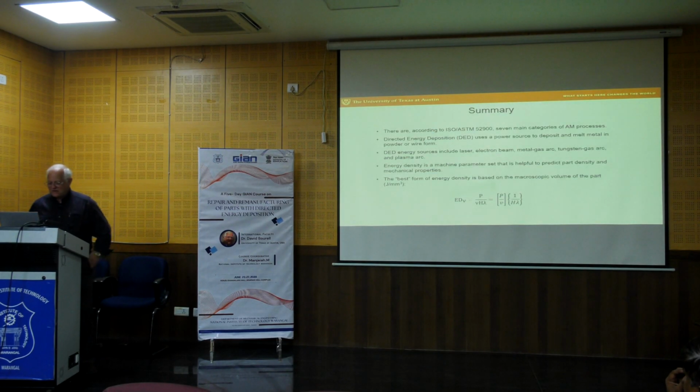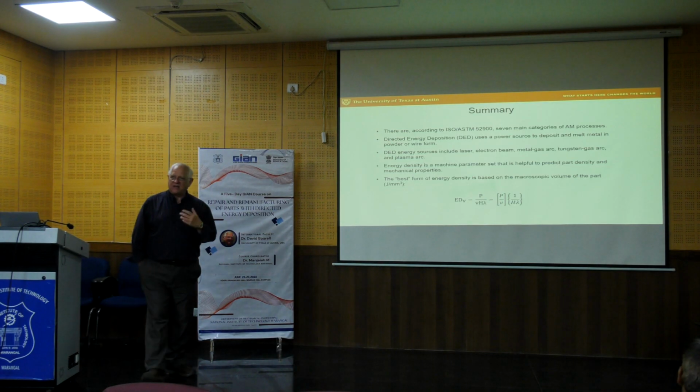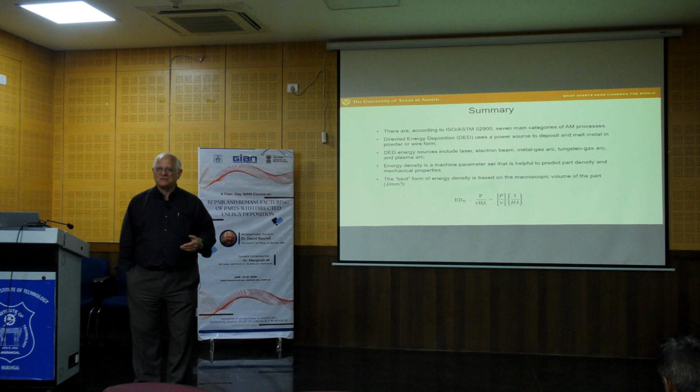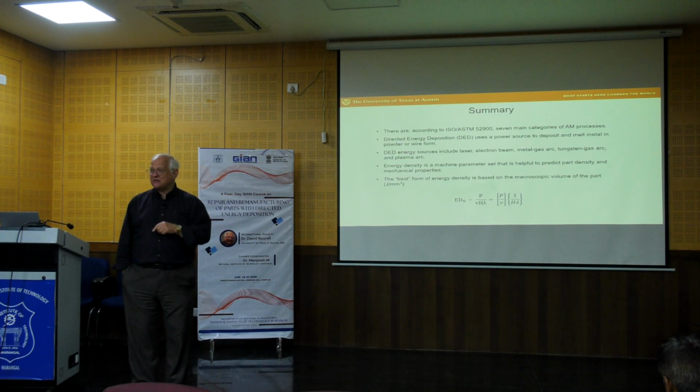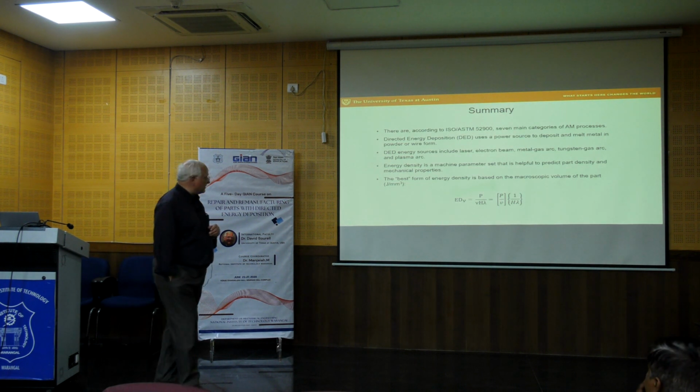So, okay, we're close to the end, so let me summarize where we are. I consider this lecture to be sort of the preliminaries for DED. So the next lecture, I'll talk about mechanical properties in DED. We're going to be completely, wholly immersed in directed energy deposition at that stage.